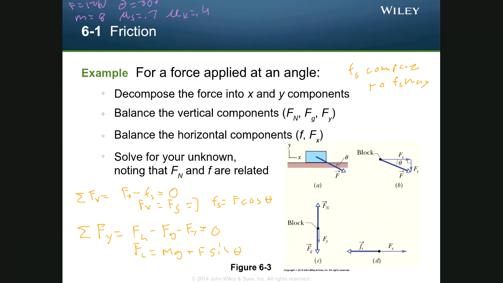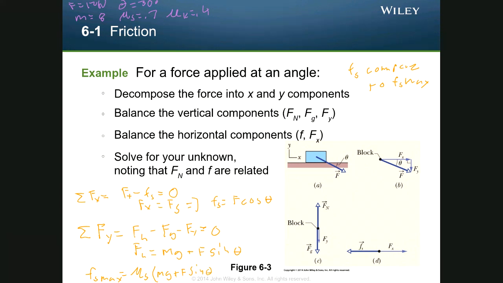Because now we can compute Fs max. It's going to be equal to mu s times mg plus F sine theta.